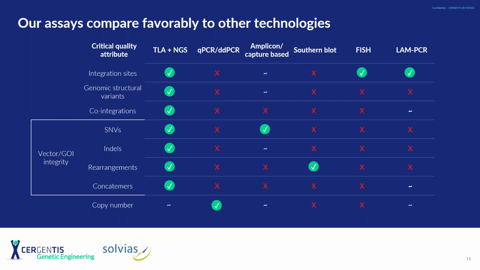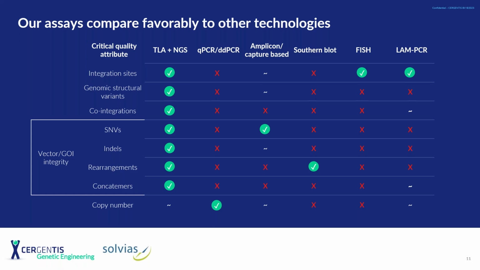As just discussed in the previous slide, genetic characterization needs to be performed not only to mitigate the risk of downstream processes, but also because it is requested by regulatory authorities. So the most relevant genetic parameters you can see summarized here on the left side of the slide. And on top of the slide, you can see a range of different technologies which are used for the characterizations.